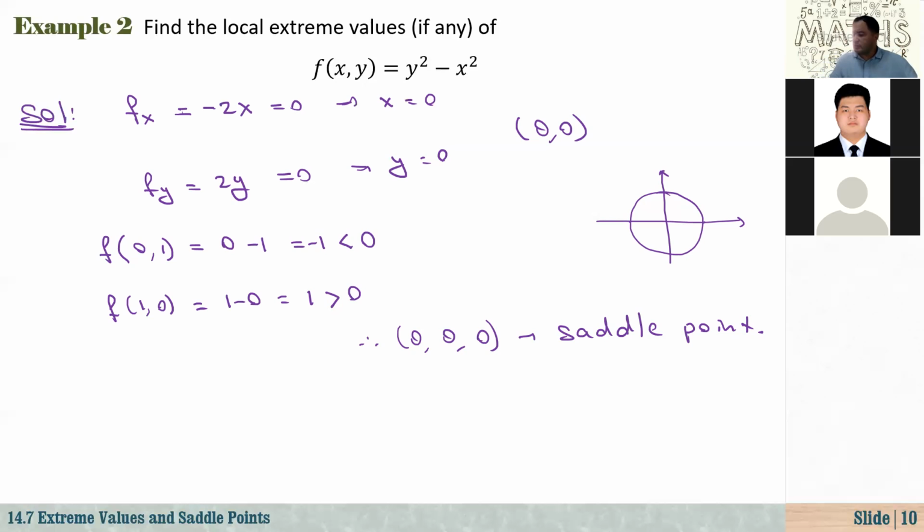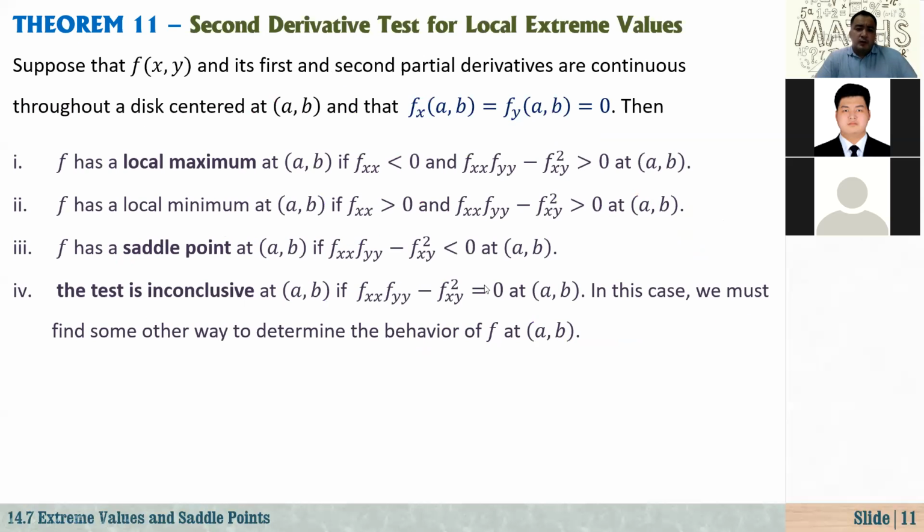Of course, usually we don't evaluate this like this. We will use a theorem. Now that is the most important theorem of this section to find the local maximum and minimum: the second derivative test for local extreme values. Its proof is given at the end of this section, but we will see.